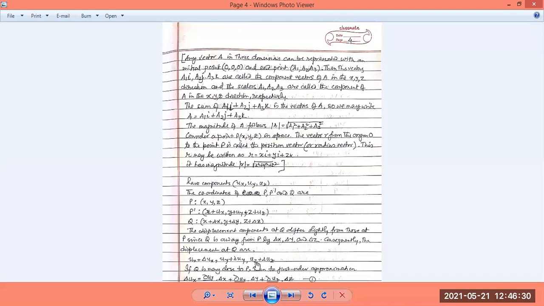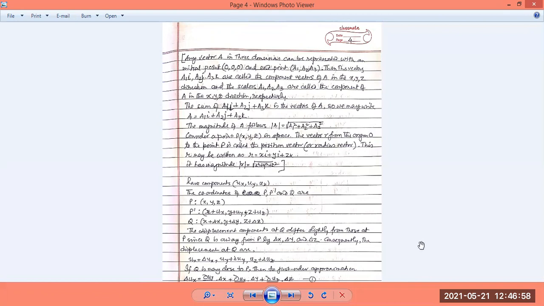Consequently, we assume the displacement of Q is ux plus delta ux, uy plus delta uy, and uz plus delta uz. Originally it was ux here, and it becomes ux plus delta ux.